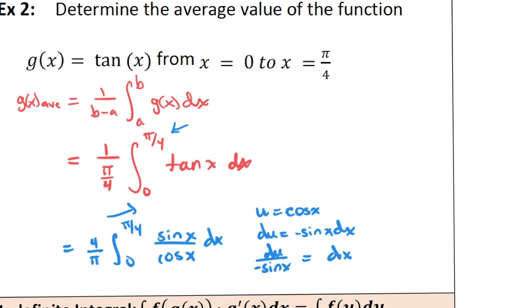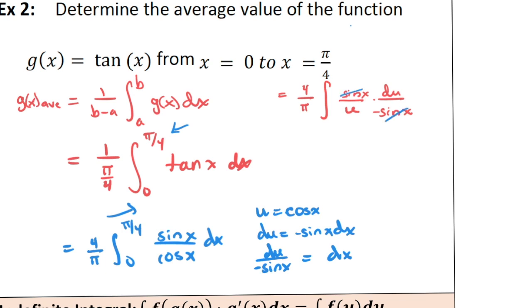When we substitute for our dx, we're going to end up with 4 over pi, the integral. Now I'm going to change those to u values, but first let's see what happens. We have the sine of x over u multiplied by du over negative sine of x. So very conveniently, the sine of x is canceled.